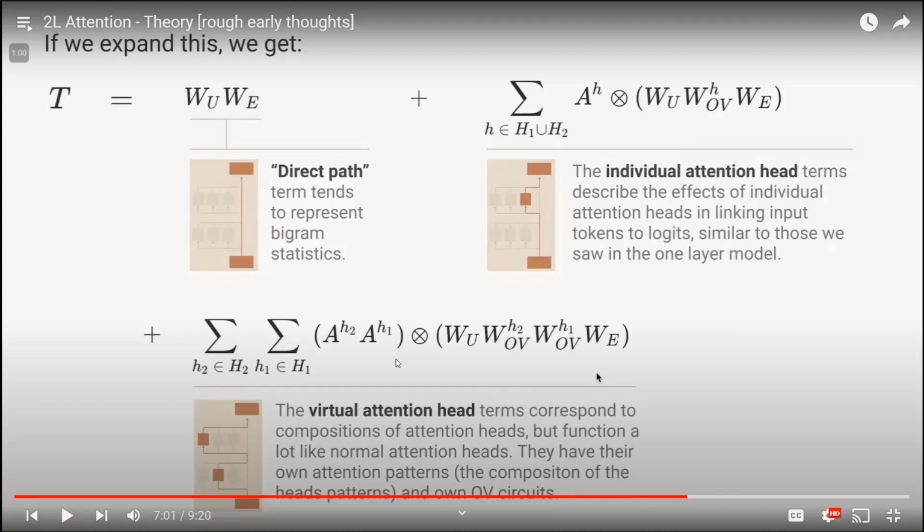So the indirect effect of having two attention heads working together is that the attentions sort of chain, but then you have to do something pretty complicated to say, well, the values from the first OV times the values from the second OV.